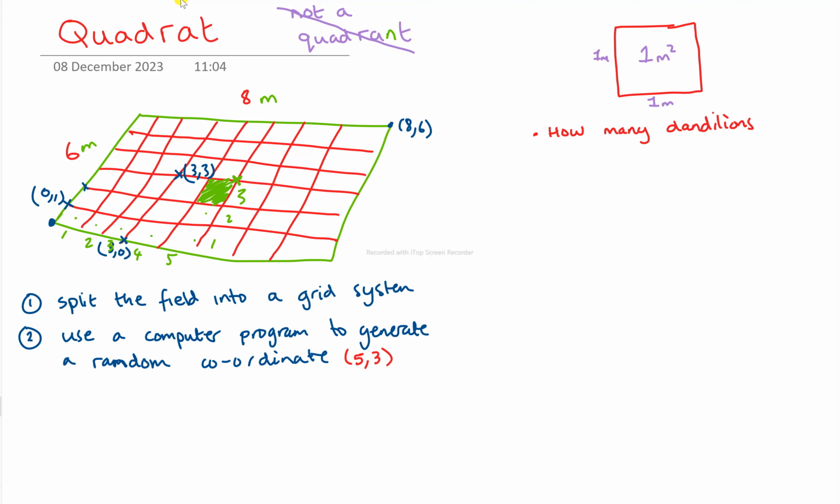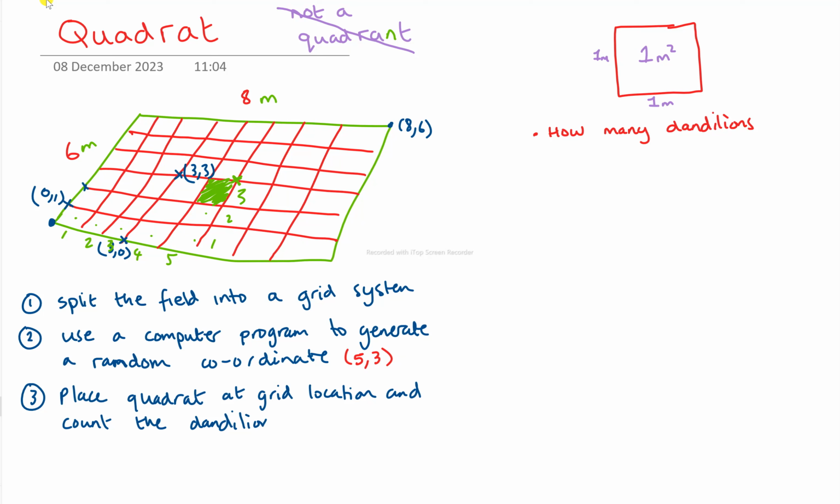I'm going to place the quadrat at the grid location and count the dandelions. And just say for argument's sake I end up with 50 dandelions.